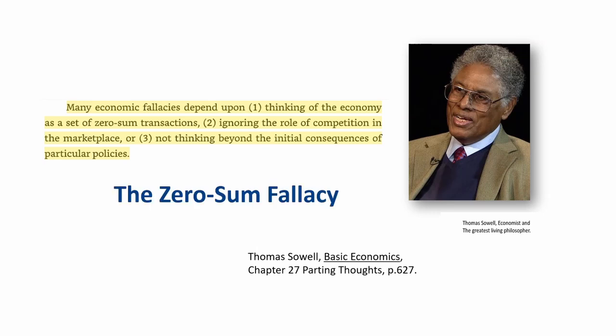A zero-sum transaction is how a lot of politicians will tell you the world works. That rich person got rich by hurting that poor person. They took it from the poor. Or this company got something, so that company failed. Or whatever.